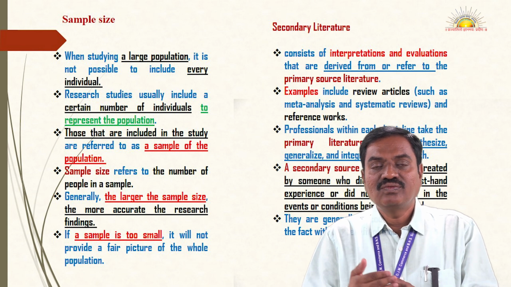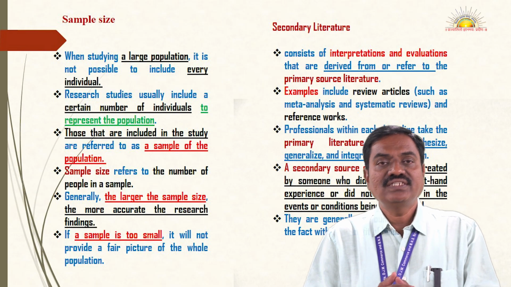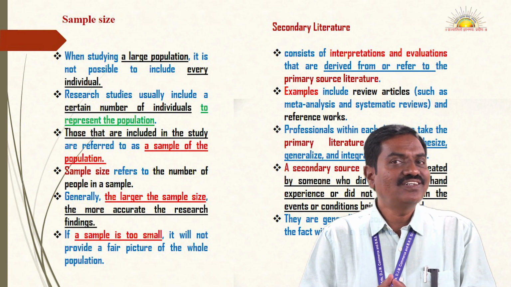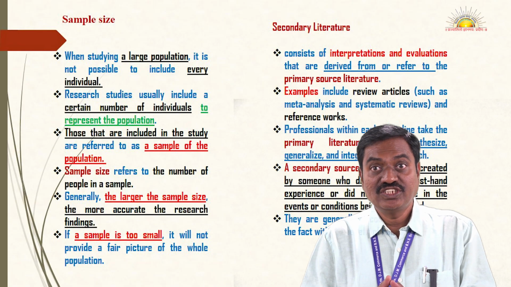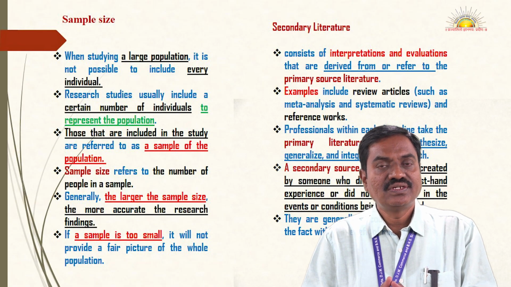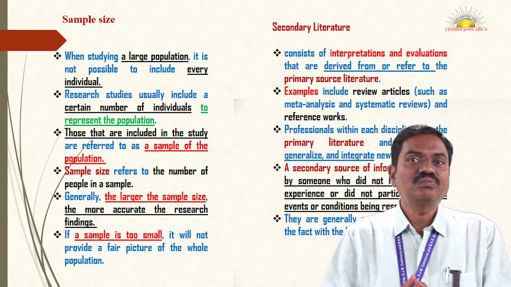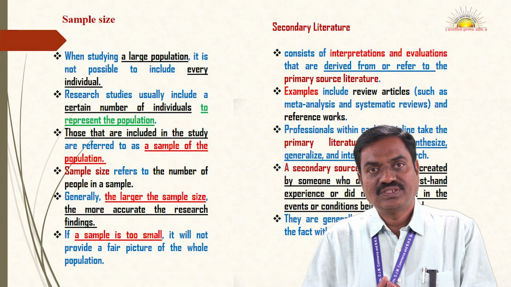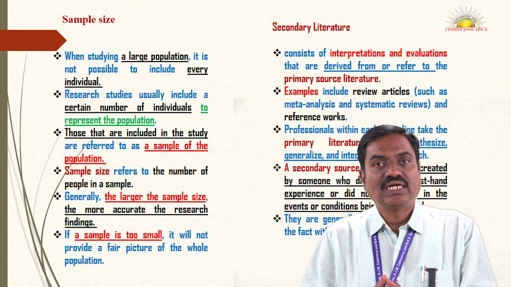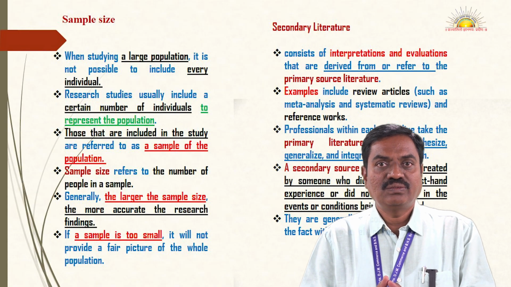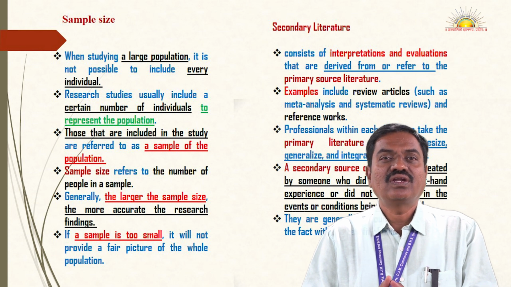Now we shall go ahead with the next term, that is secondary literature. The term secondary literature consists of interpretations and evaluations that are derived from or refer to the primary source literature. The examples include review articles such as meta-analyses and systematic reviews, and reference works.